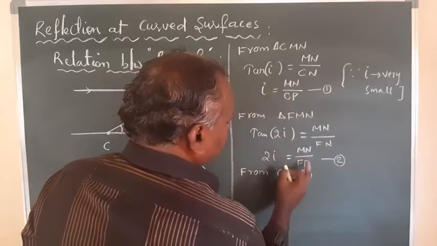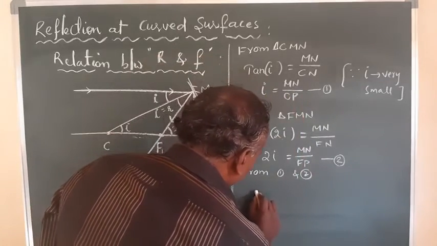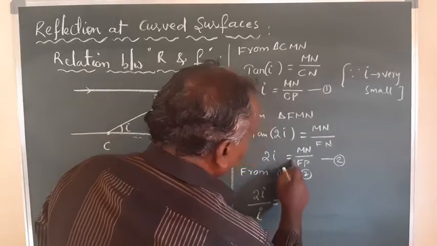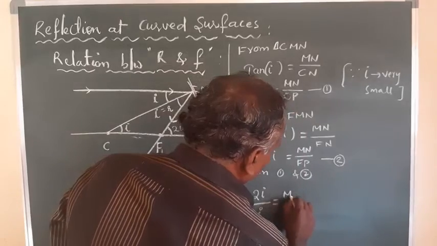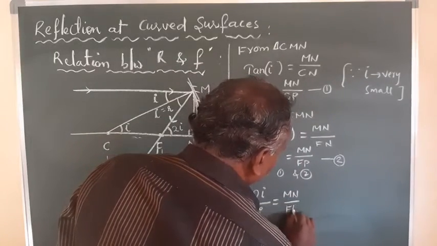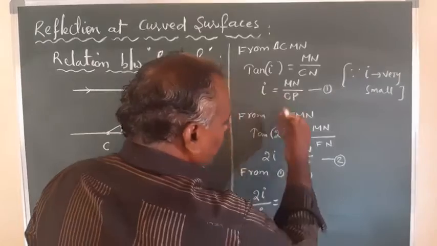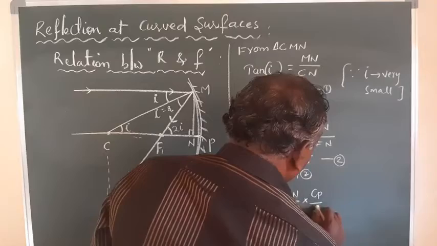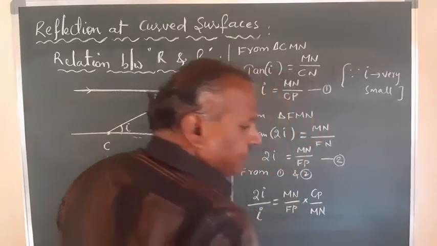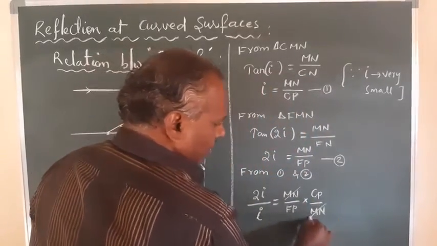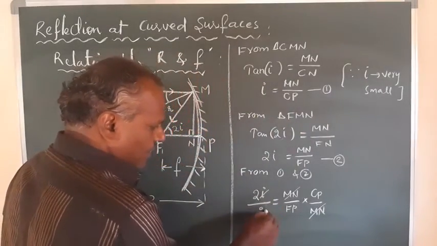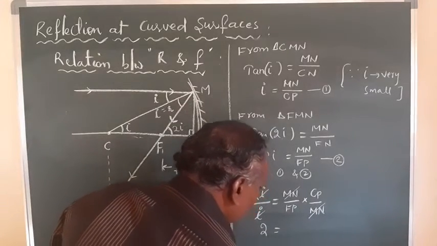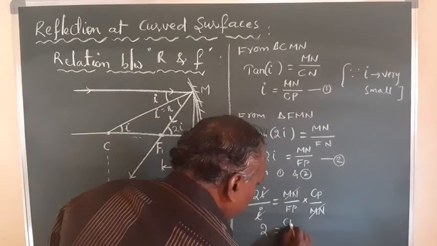That I can write as 2i upon i is equal to Mn upon Fp divided by Mn upon Cp, that is, making the reciprocal, Cp upon Mn. See here, Mn cancels, i cancels, so the remaining equation is 2 is equal to Cp by Fp.